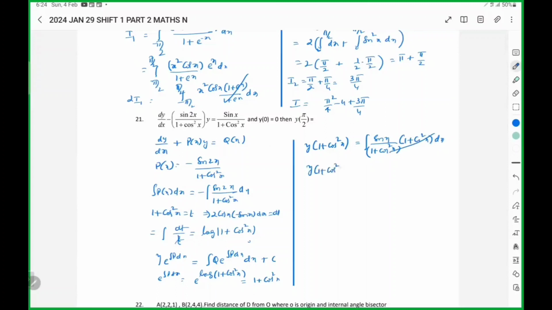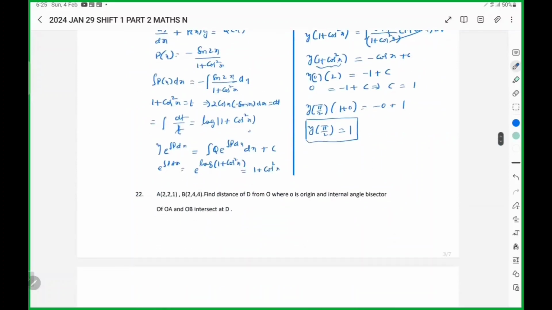Y into 1 plus cos square x is minus cos x plus c. Again, y of 0, x is 0, 1 plus cos 0, 2. Y of 0 is 0. So C value becomes 1. Y of pi by 2 means cos 90 is 0. That C value is already known. So y of pi by 2 is 1.